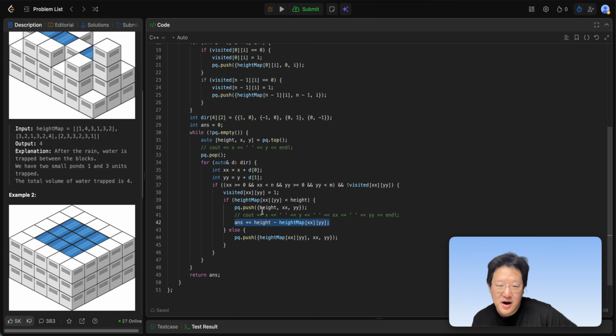Push with the current height. Taller or equal, push with its own height. Each cell is visited once, return the total. That's the answer.